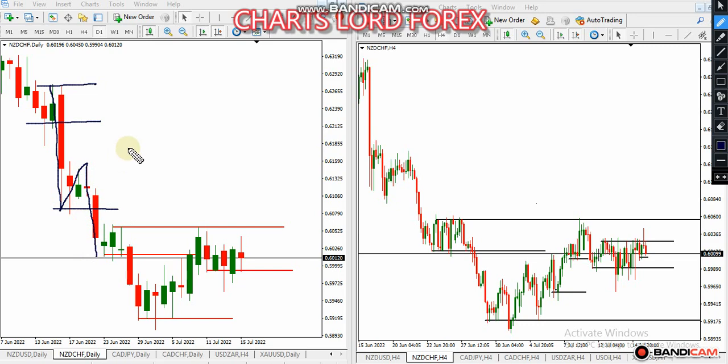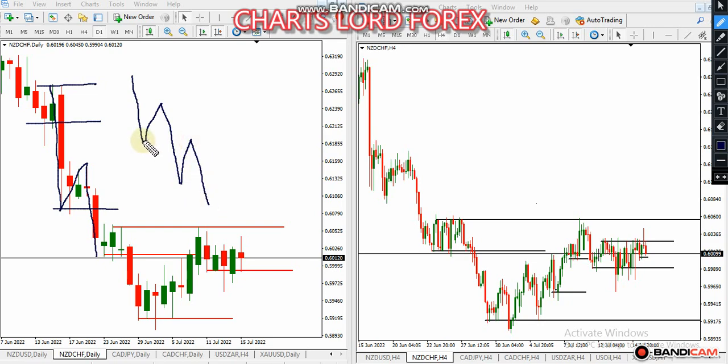What does that tell you? It tells you that on this daily time frame, this market is clearly in a downtrend. A downtrend means a series of lower lows and lower highs, meaning the market goes down, then the buyers come in for a pullback, then the market goes down again, then it pulls back again, then goes down again.